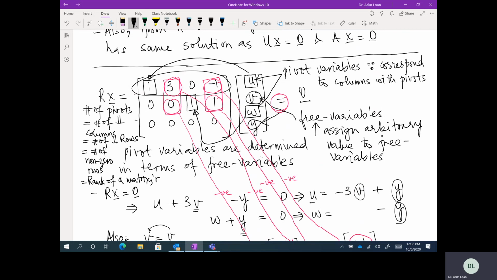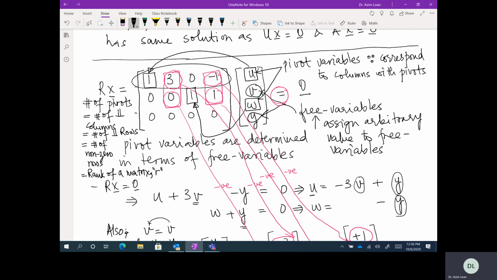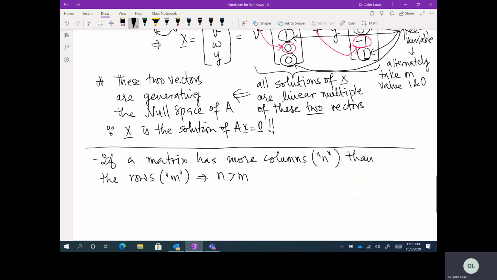This is called, by the way, R. So R is the number of pivot variables, if you just want to see that.